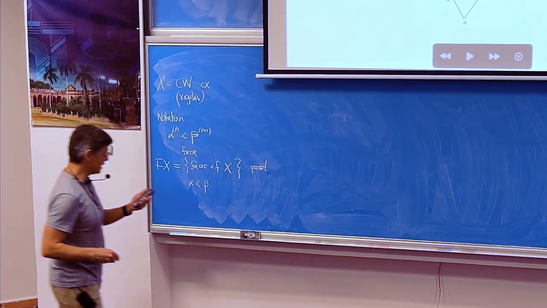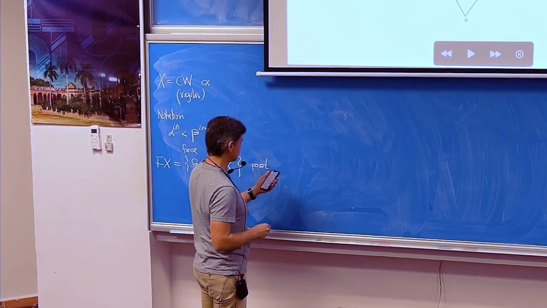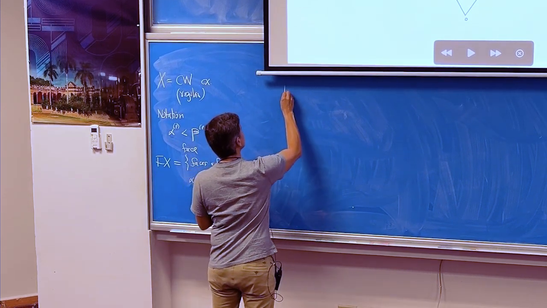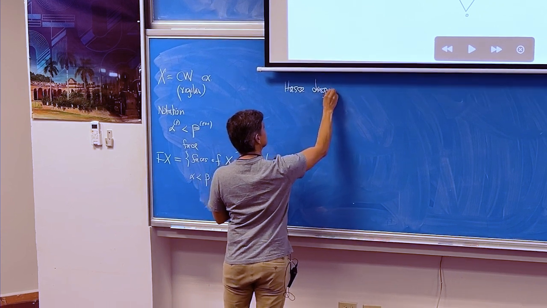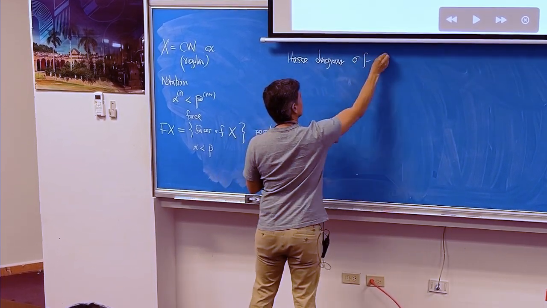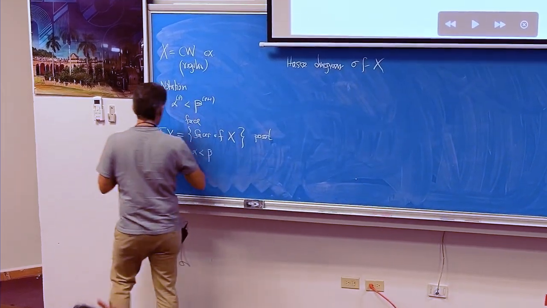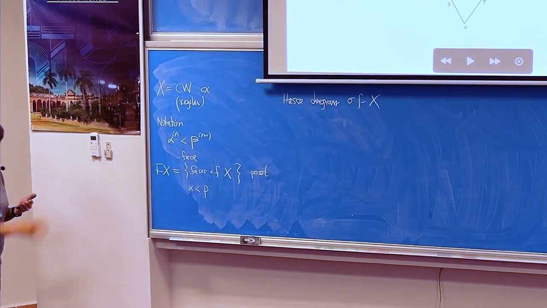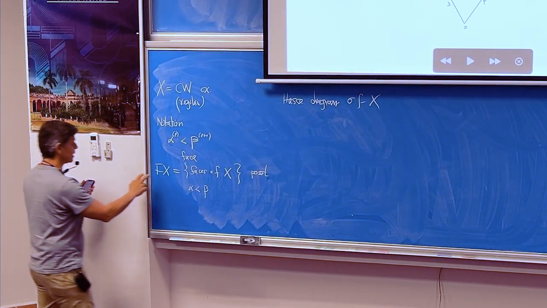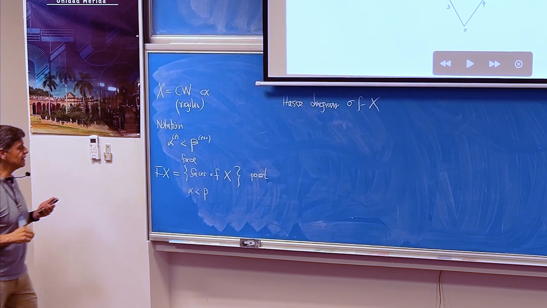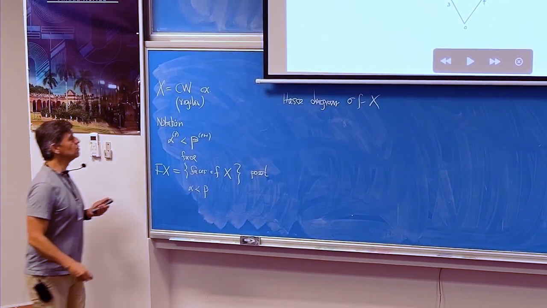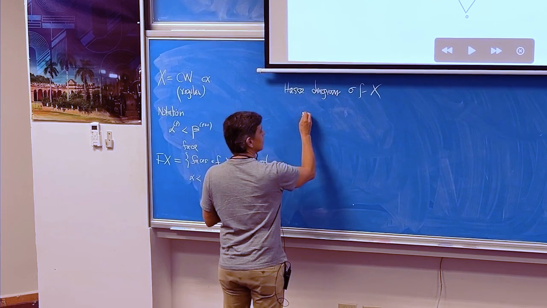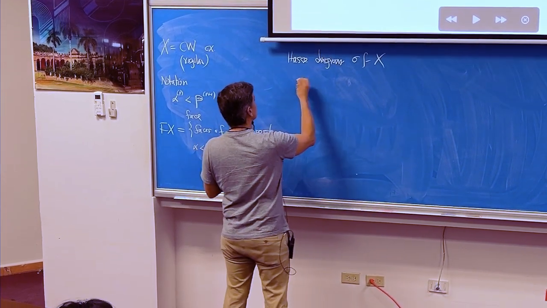Now, a very nice thing to do here is to play around with the Hasse diagram of X. But the Hasse diagram is nothing but what I already said. You think of the set of faces, together with this relation, but you write them in an ordered way.